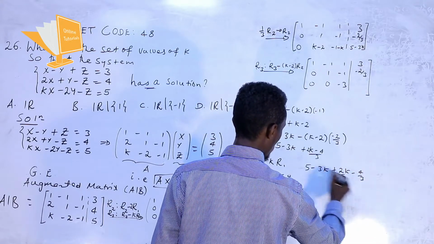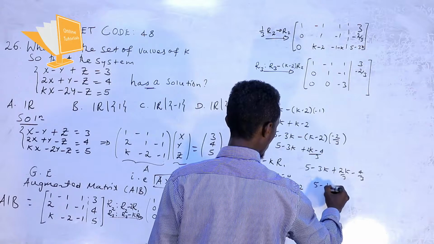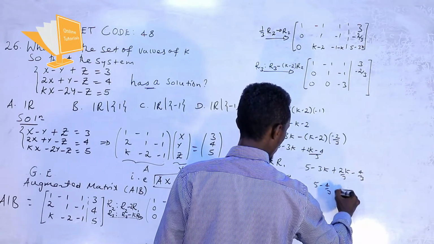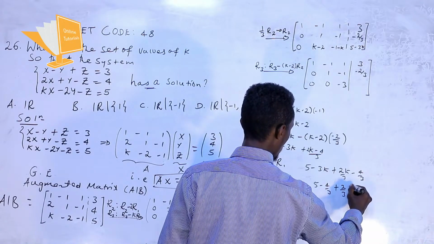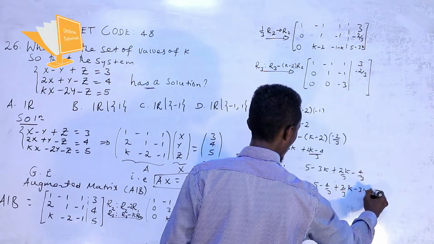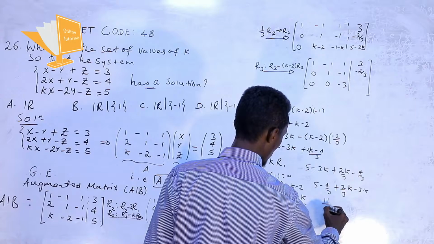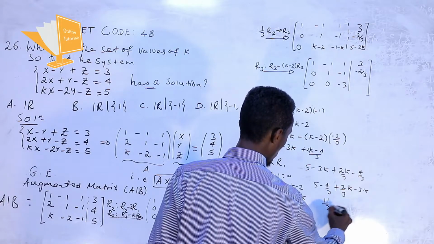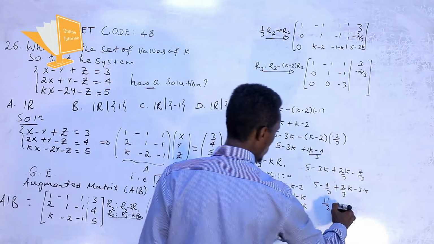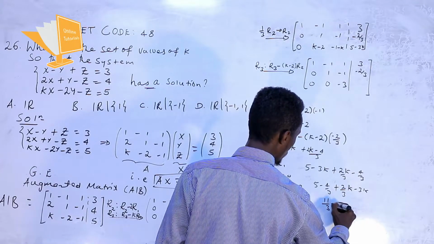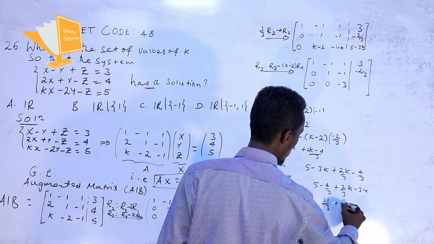When you operate this term, we have 5 minus 4 over 3 plus 2 over 3K minus 3K, so this becomes 11 over 3.